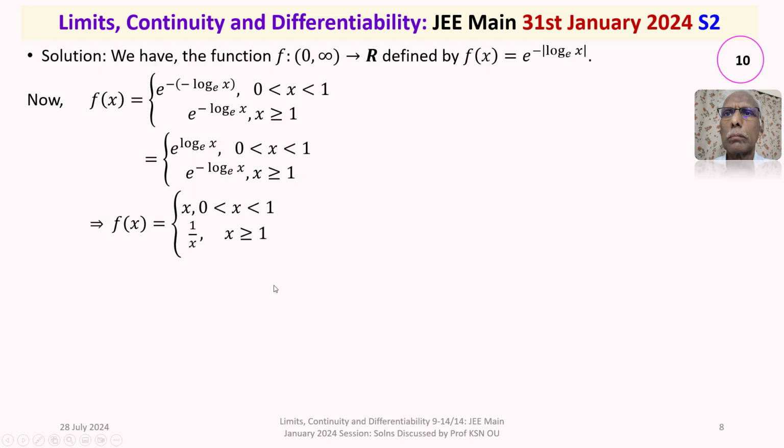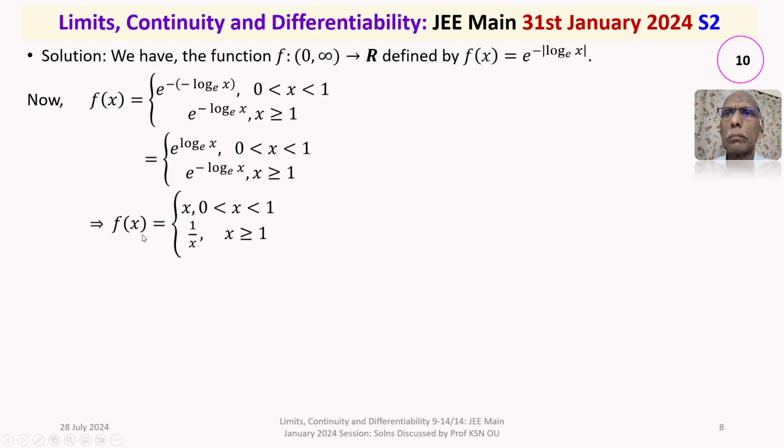Now it is very easy to see that this function f of x is continuous everywhere except possibly at x is equal to 1. But at x is equal to 1, the left limit is 1. At x is equal to 1, the right limit is also 1. So they are equal, therefore it is continuous at x is equal to 1.